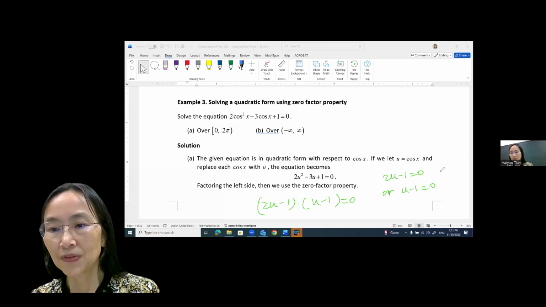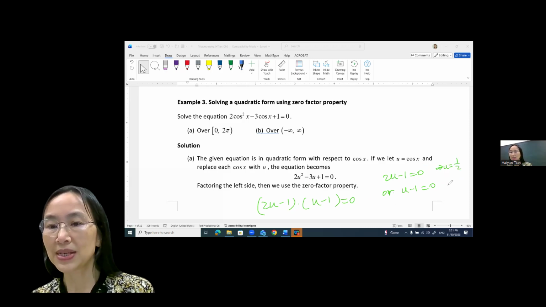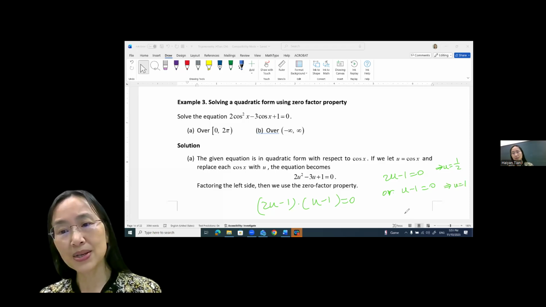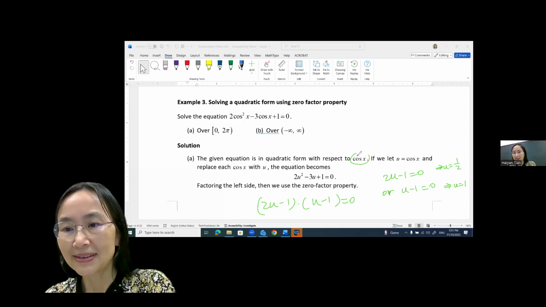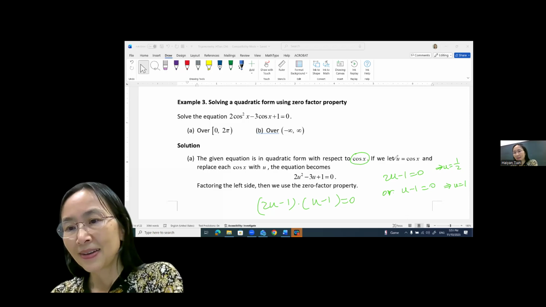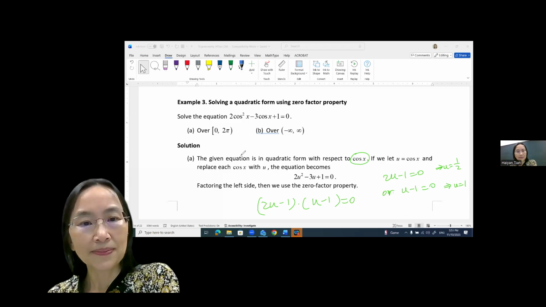So the first equation means u has to be half because 2u is 1, so u is half. The second equation means u is 1. So u is either half or 1. And that means we have found cosine x. Cosine x is either half or 1.